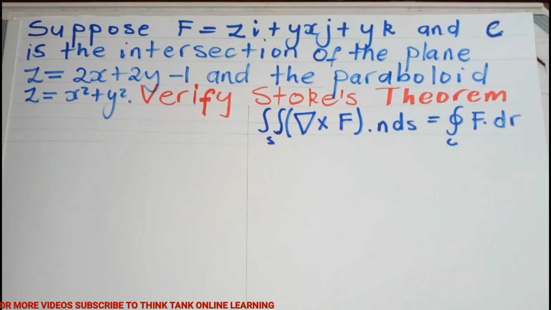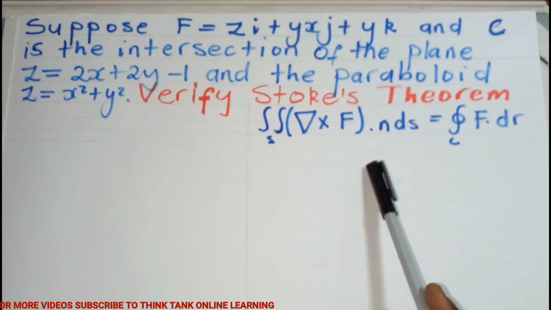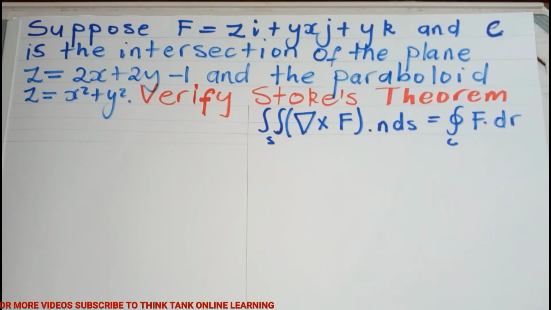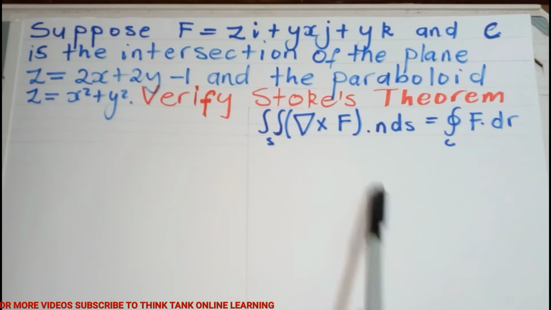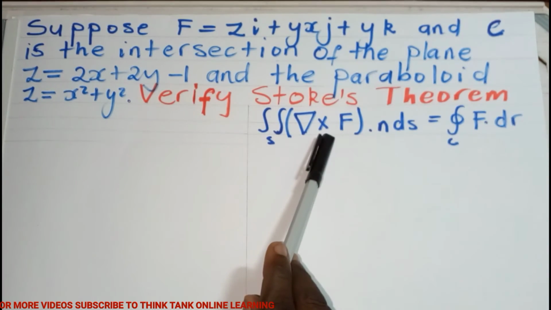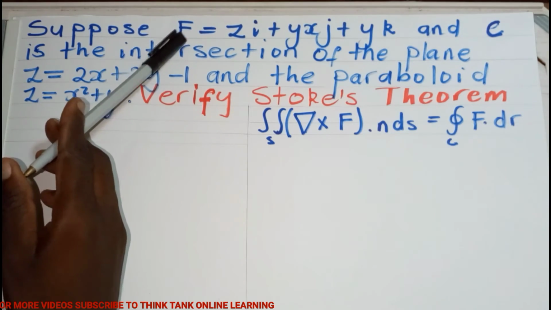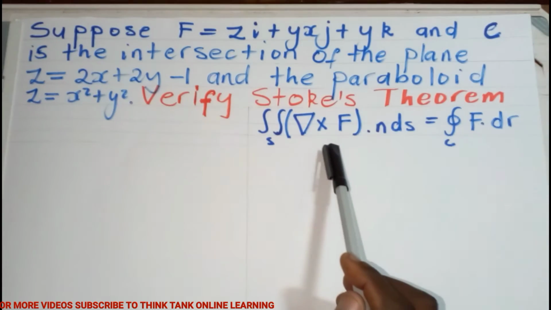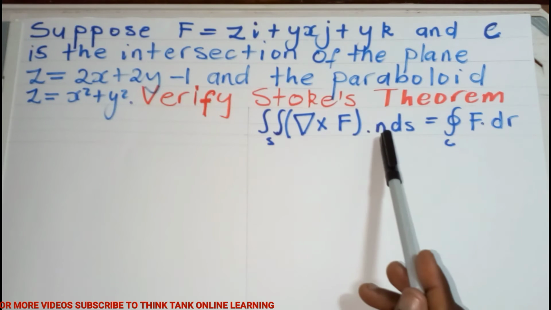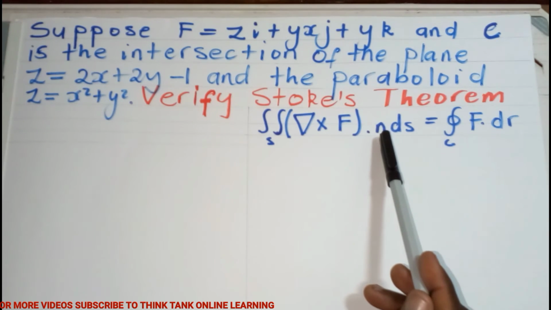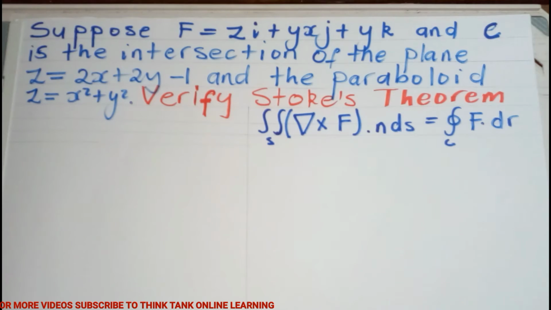Okay, so this is the formula for Stokes' theorem. If we want to evaluate Stokes' theorem, we're going to evaluate the double integral of the curl of the vector function F, dotted with n, the normal, dS.